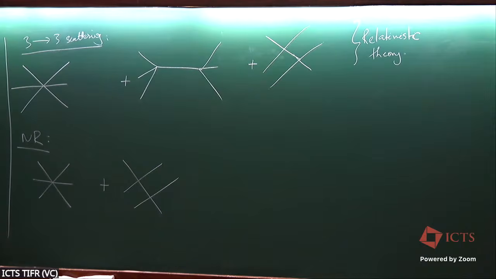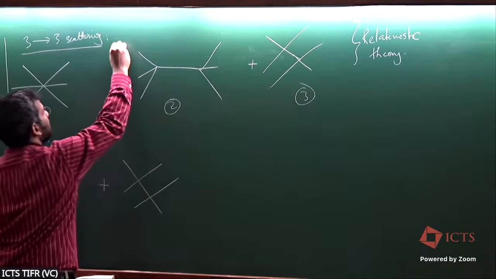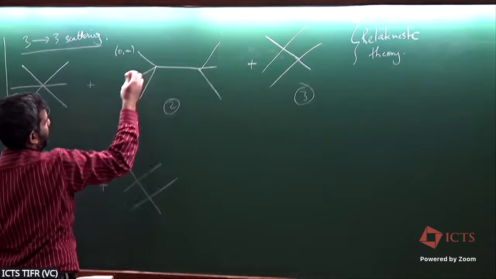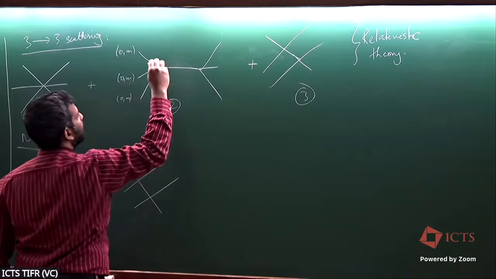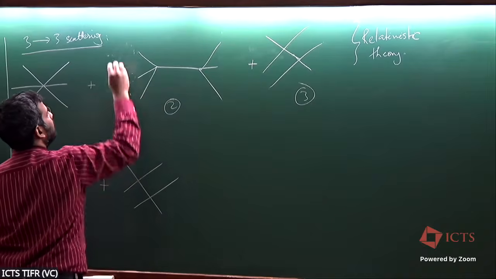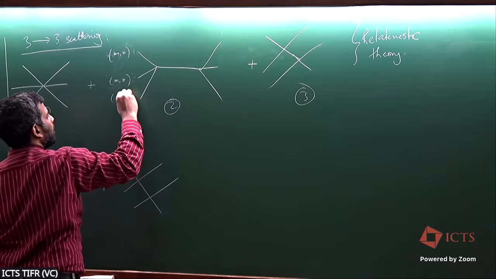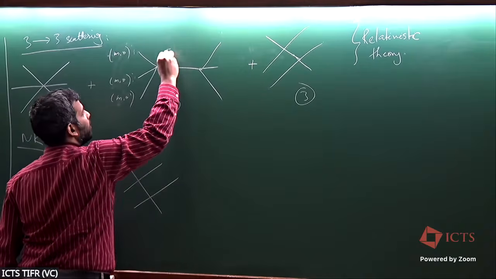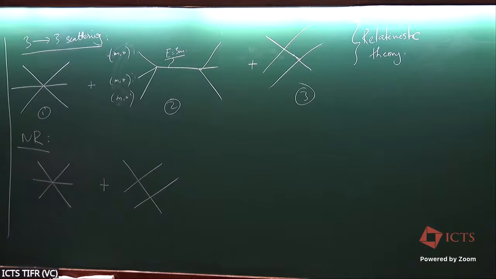I won't have the second diagram, just because if I start with, let's say, a particle at rest, then this would be carrying some energy 3m, and so it is highly off-shell.